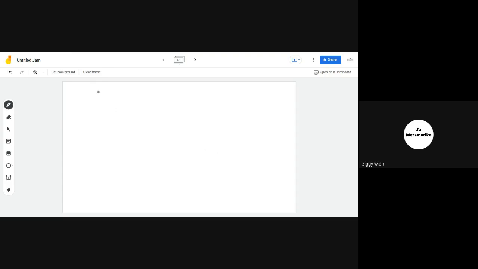Now, for the second number, it's 34 to 72. This is one of the easiest questions because we can just divide it by 2. 34 divided by 2 is 17, and 72 divided by 2 is 36.